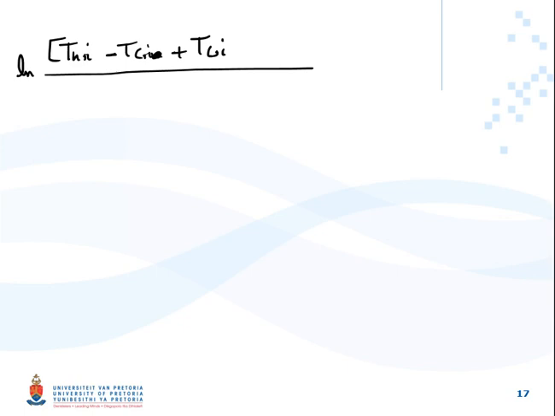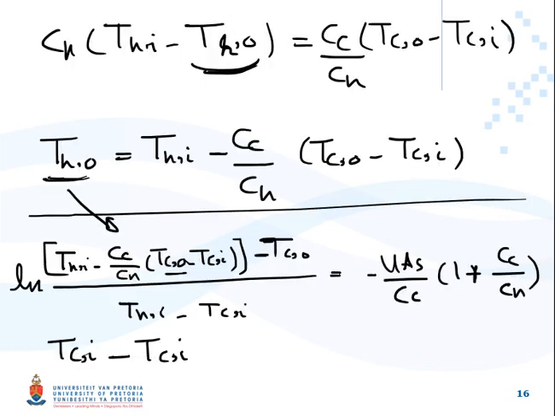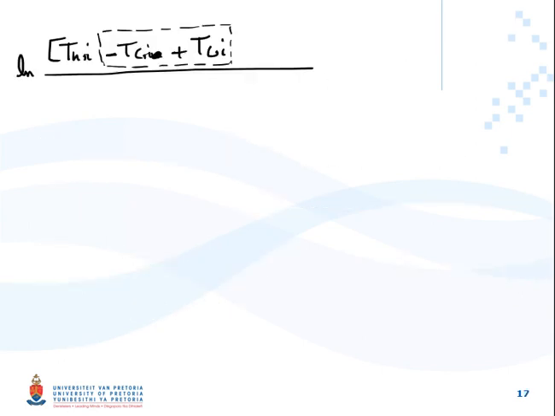So basically we just added this section to it, plus 1 minus 1 or minus 1 plus 1. The rest will stay the same, but at the same time we can bring that TC outlet back to the other side as well. So I say that minus TCO minus CC divided by CH times TCO minus TCI.